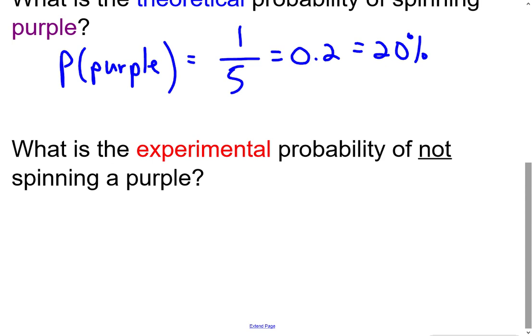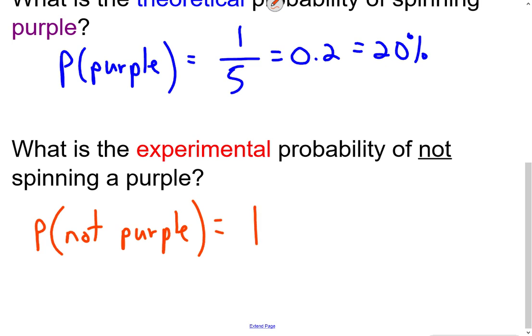So the probability of not purple: I'm going to start with 1 and subtract the probability of us getting purple in this little experiment, which was 3/10.